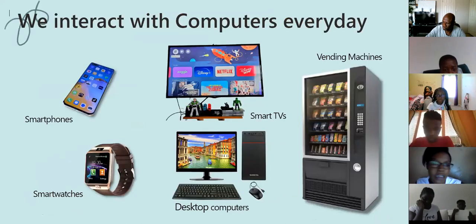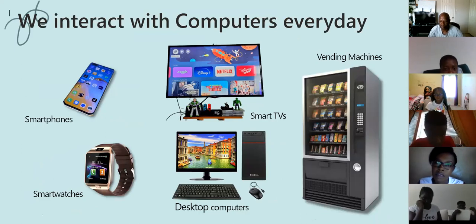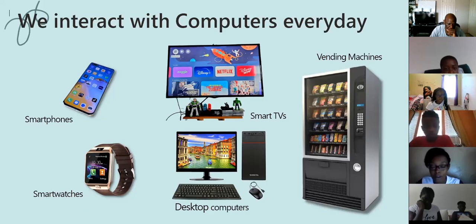And then we went in and looked at how we have different types of computers, and how we interact with computers every time. So I hope now, every time you see a computer around you, you'll be conscious. You'll be like, oh, okay, this is a computer. Try and be keen to see all the situations you use computers.